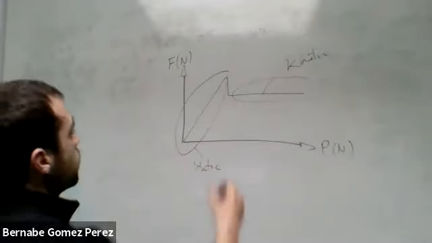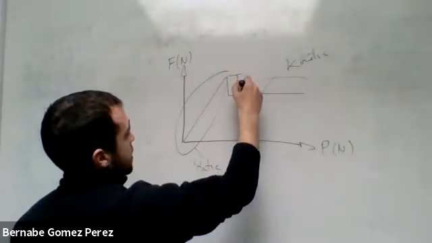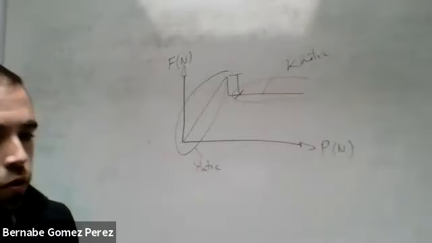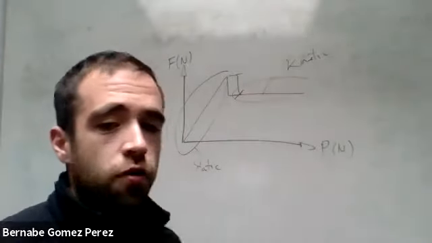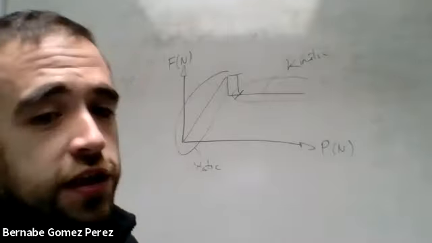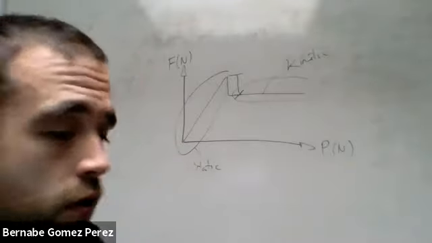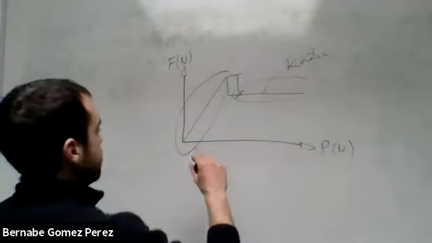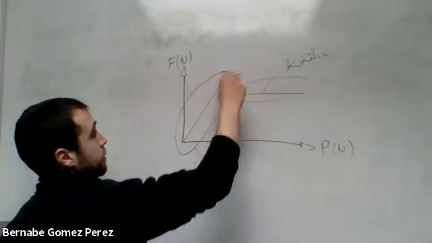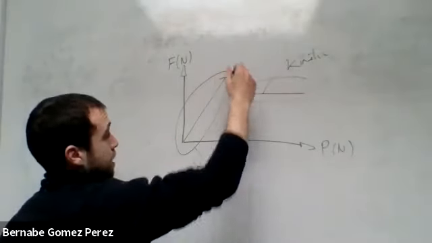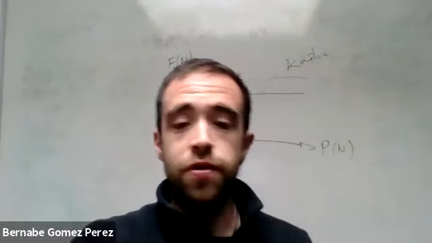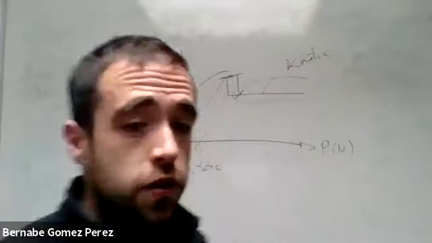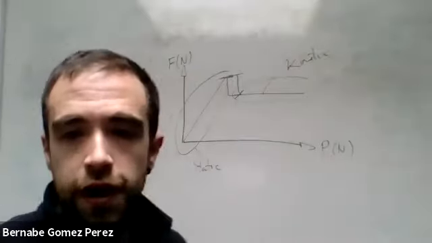So what happens here? Why do we have a step here? Well, we know that sometimes when an object is already moving, it's actually easier than starting to move it. So the static friction is gonna increase up to a maximum point, and then it's gonna drop and remain constant. And then we will have just the kinetic friction, okay?